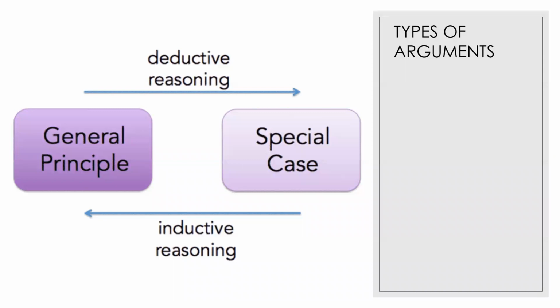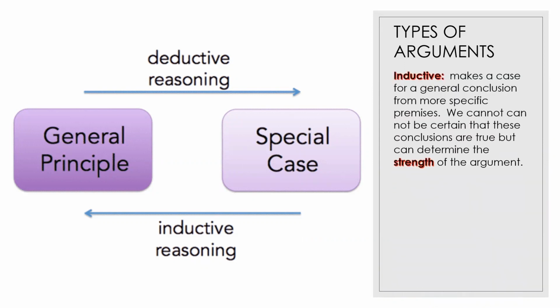Now, the types of argument. You will either use what we call inductive reasoning or deductive. Inductive is when you make a case for the general conclusion from more specific premises. We cannot be certain that these conclusions are true, but we can determine the strength of the argument.